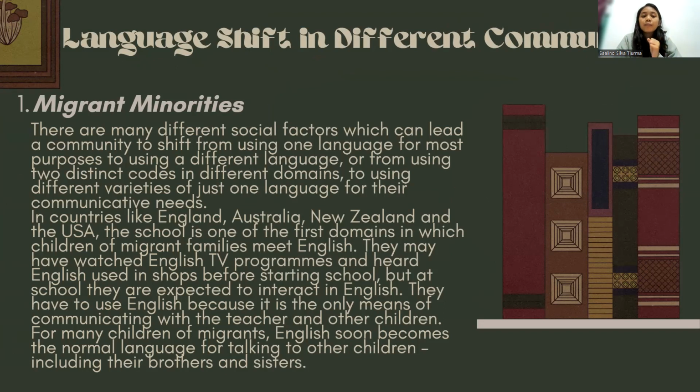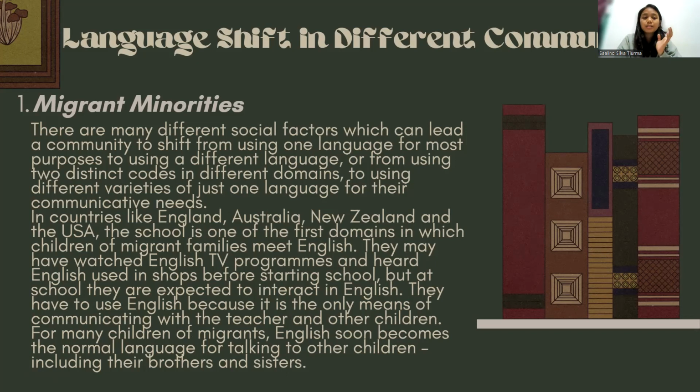So there are many different social factors which can lead a community to shift from using one language for most purposes to using a different language, or from using distinct codes in different domains to using different varieties of this one language for their communicative needs.